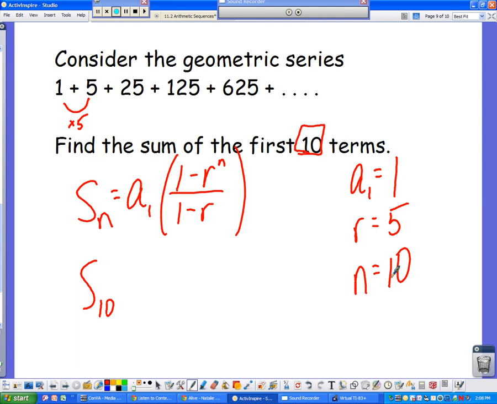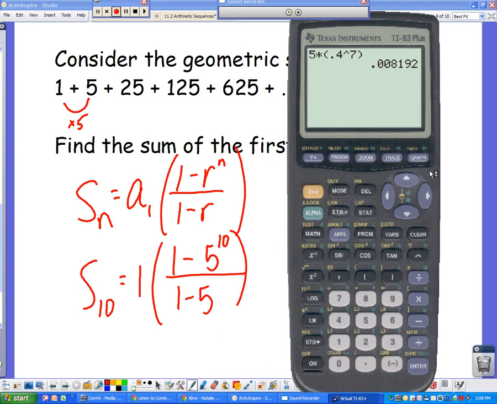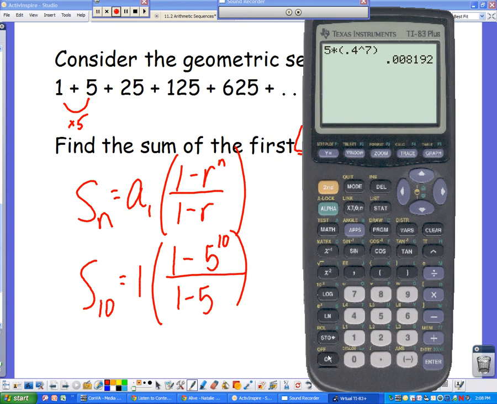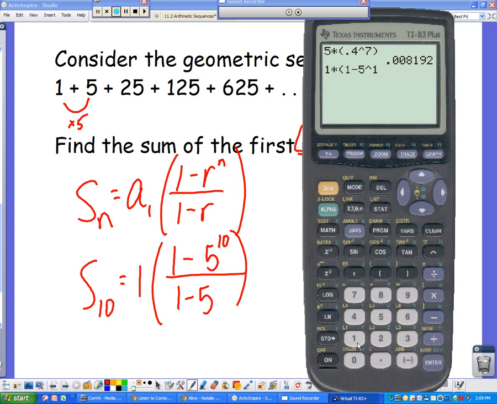Okay, so I just simply plug it in. A sub 1 is 1. 1 minus r to the 10th, so it'll be 5 to the 10th power over 1 minus 5. This is where you want to use a scientific calculator. So you're going to do 1 times, and then 1 minus 5 to the 10th, divided by 1 minus 5.